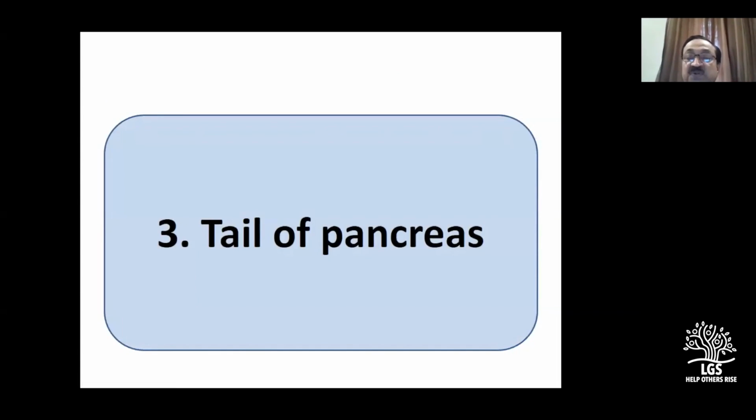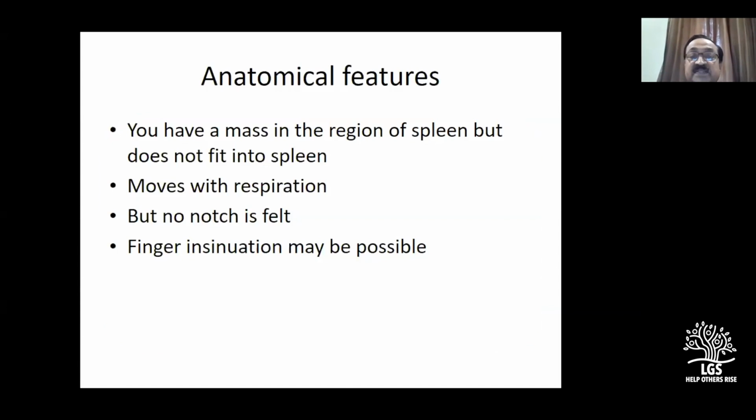So I will now go to the mass in the left hypochondrium. It is neither spleen nor kidney, but if it is something else, what else can come? As I mentioned to you, think anatomically, what other organ will come there? That's the tail of the pancreas. Somehow I'm not able to fit that into the spleen.